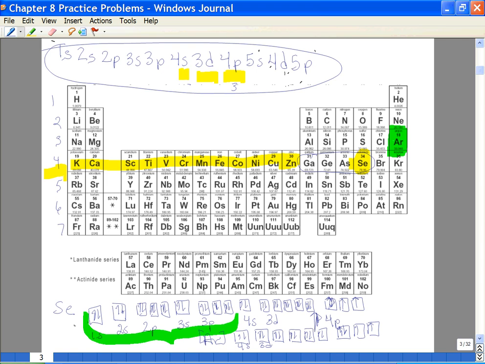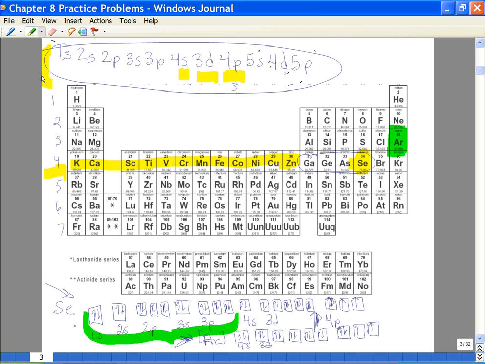Either we write it out the long way, like we did here, or we write it out the shorthand way like we did right here. Okay, so that's selenium. I'm going to leave our order up here because this is always going to be the order that our electrons fill in, and then we're going to move on to the next example, which is chlorine.